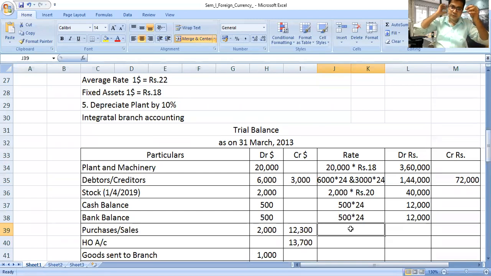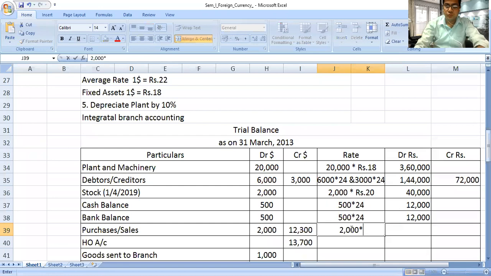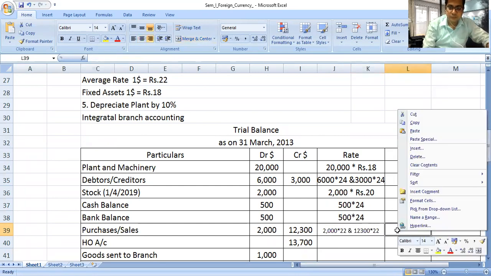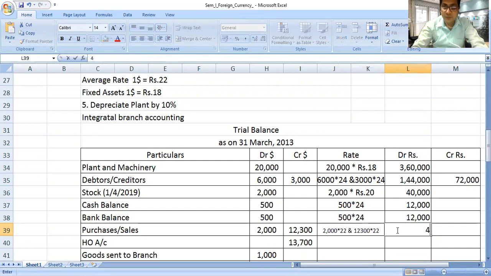So 2000 into 22 and 12,300 into 22. Now find out the values. 2000 into 22 will be 44,000, and the sales value is 2,70,000.